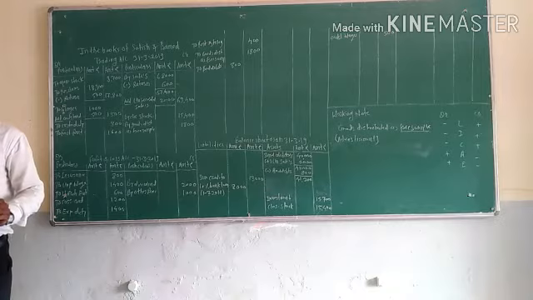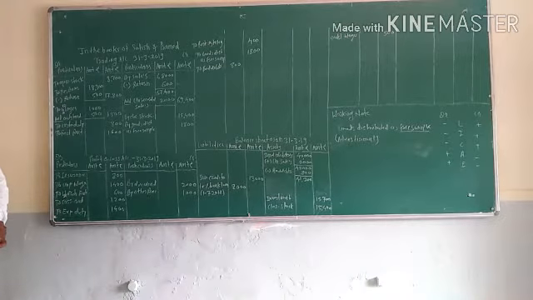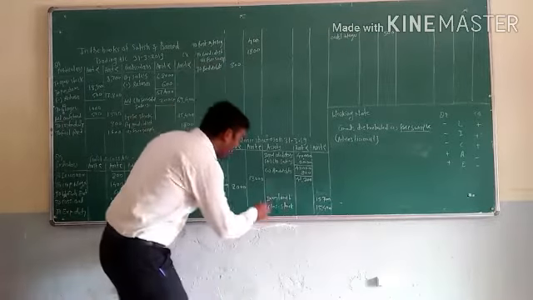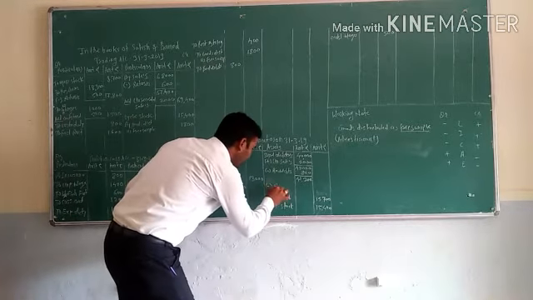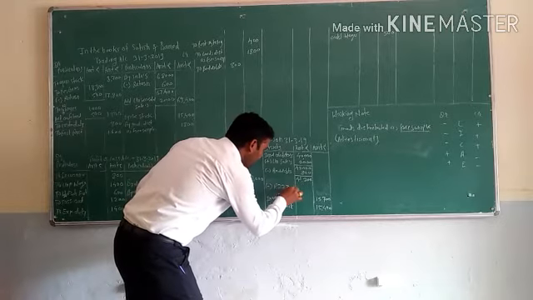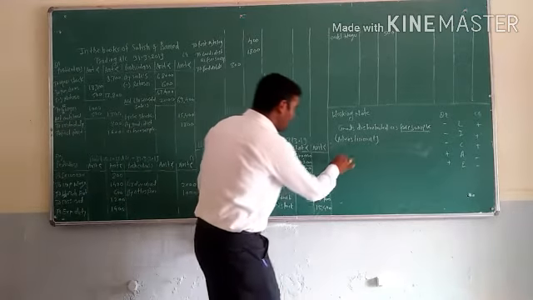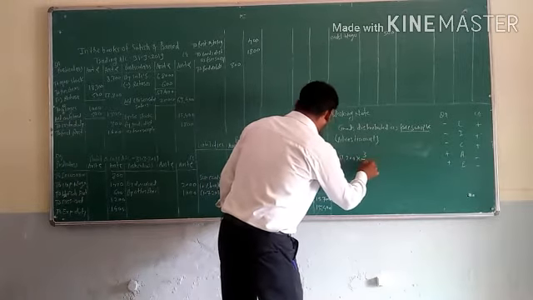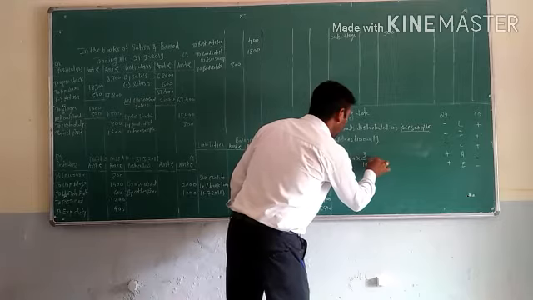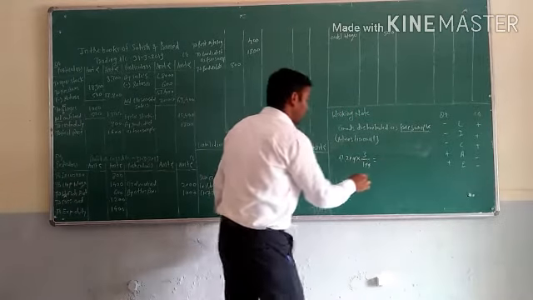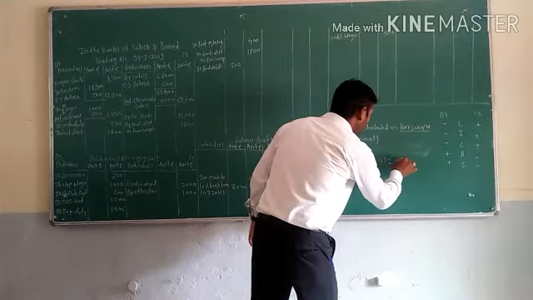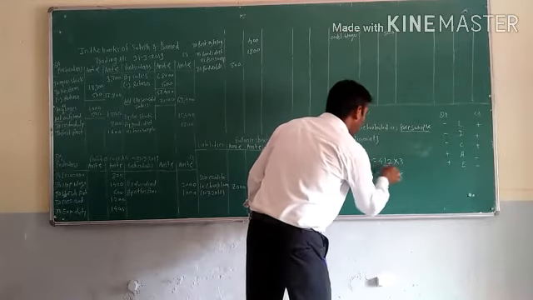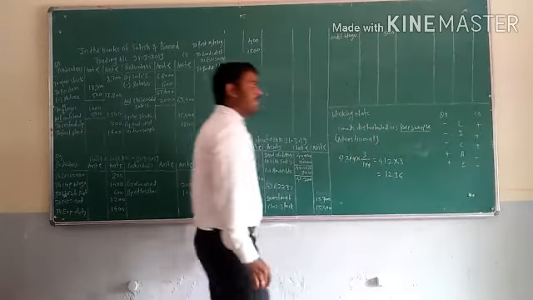Now the last, the third adjustment remaining: maintain RDD at 3% on sundry debtors. So maintain the RDD means less RDD 3%. Now calculate 41,200 into 3 by 100. The amount is 412 into 3: 3 twos are 6, 3 ones are 3, and 3 fours are 12.